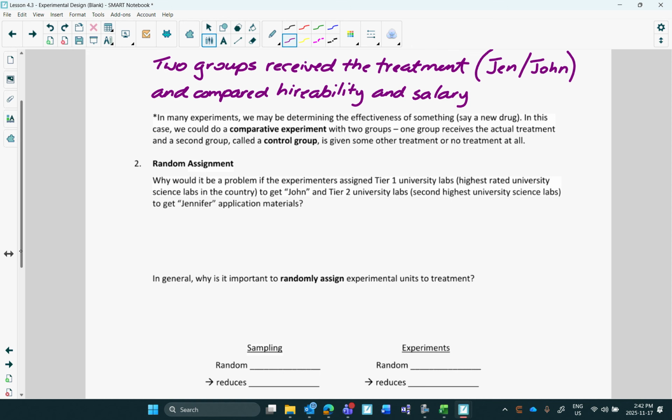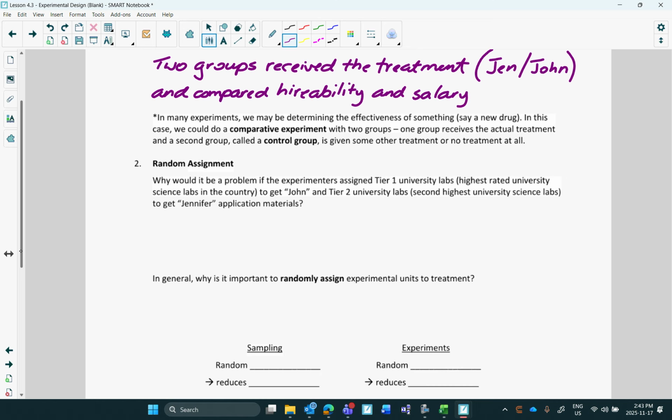What's the potential problem in that? The universities do? Like, there's different sets of people, kind of the same environment.